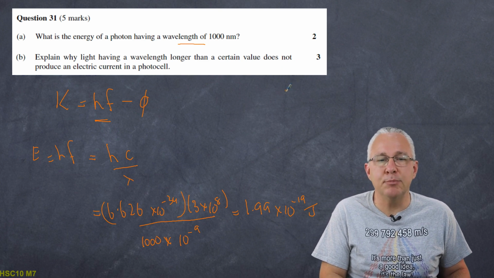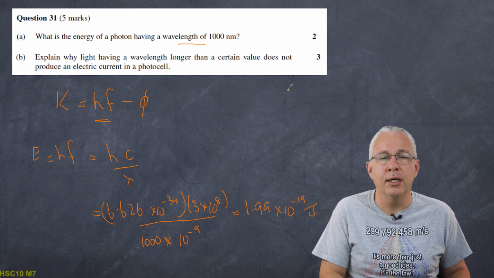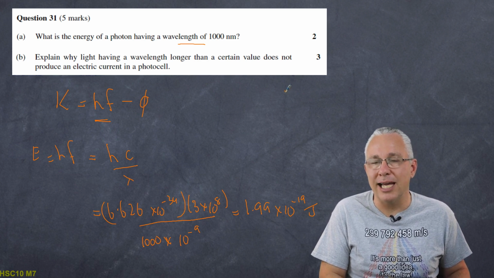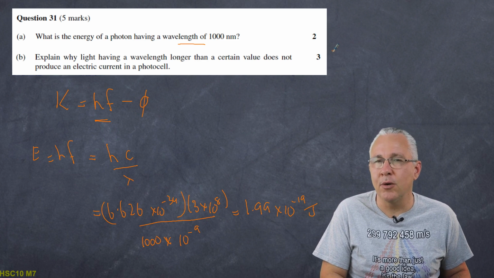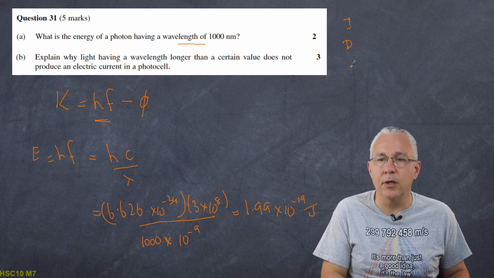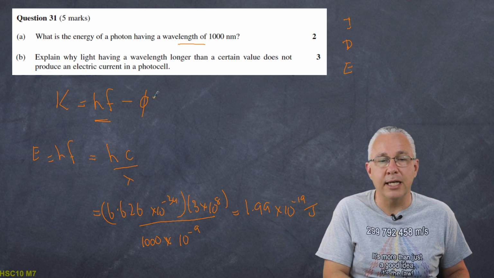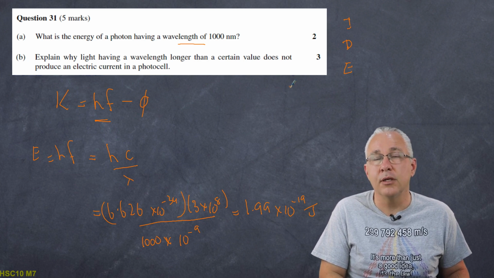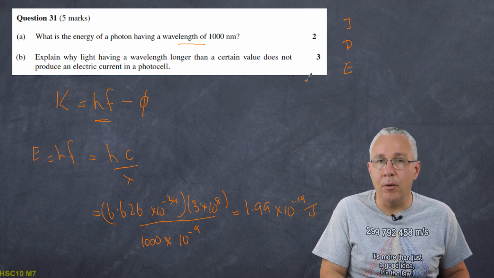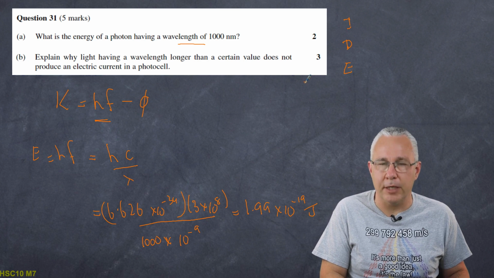Part B, explain why light having a wavelength longer than a certain value does not produce an electric current. Now, it says explain. And so I always tell my students, when you want to explain something, identify first what the issues are, describe what's going on, and then explain. So let's identify. If we have our formula of K equals hf minus phi, the longer the wavelength, the lower the frequency, and the energy is directly dependent on the frequency.